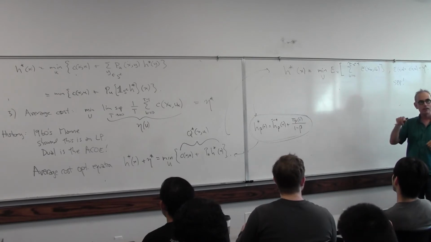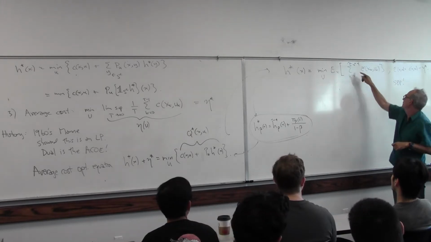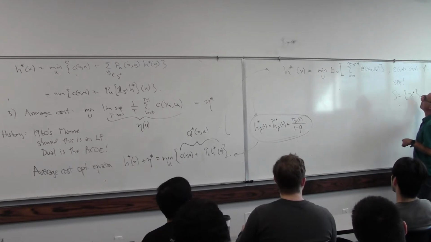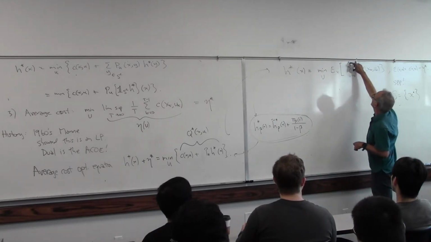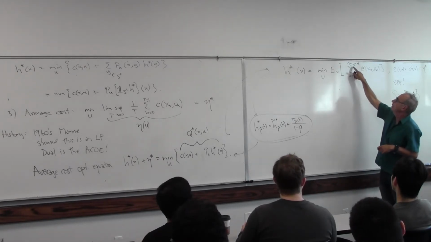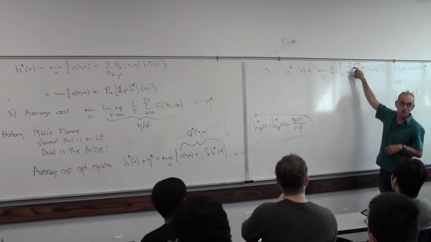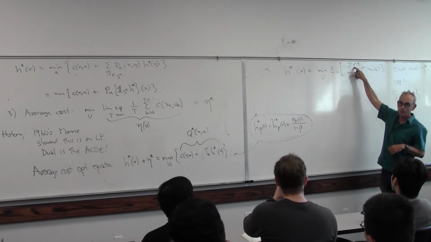Because remember I had that indicator function of S complement. Here S is just equal to this point X bullet. Sorry if that's hard to read. I'm looking at K equals 0 up until just before the first time I return to the state X bullet.